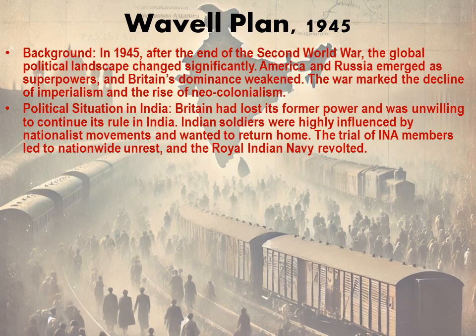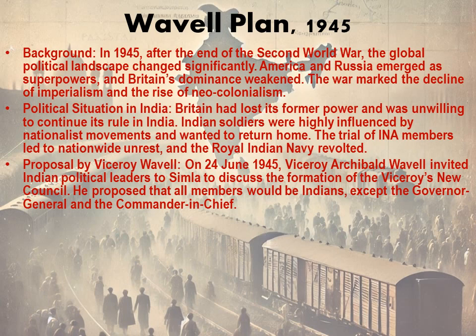And also, the INA members, INA formed by Netaji Subhash Chandra Bose, were held under trial, which led to nationwide unrest. And so the Royal Indian Navy, Indian soldiers under the British Empire, revolted to protest against the trial of INA members. So this was the political situation of India.